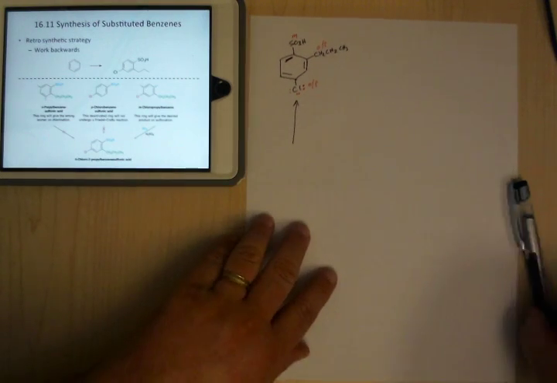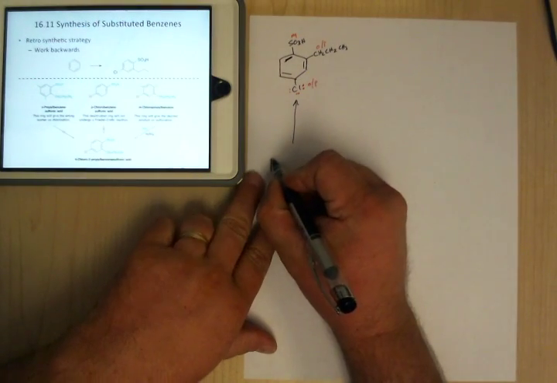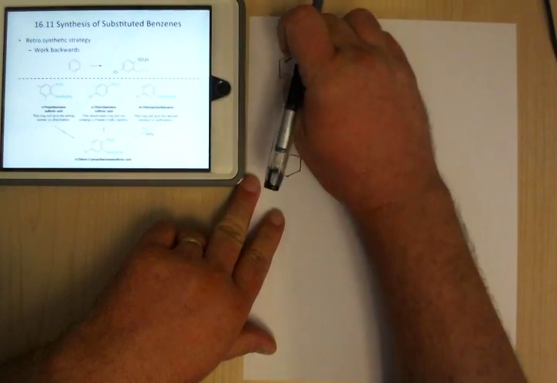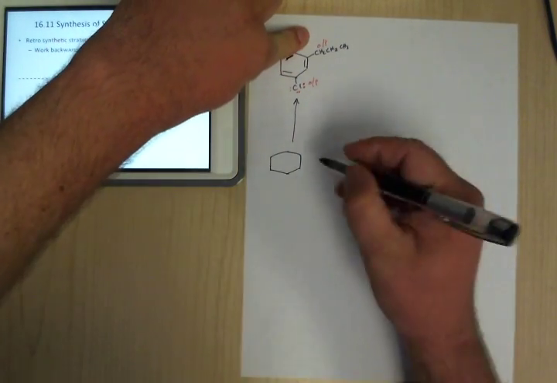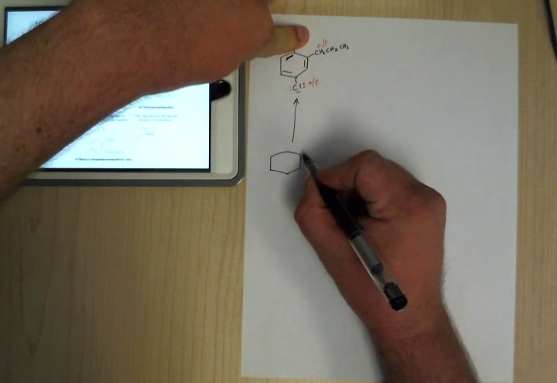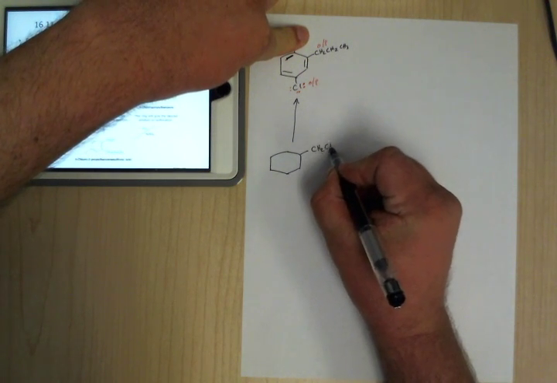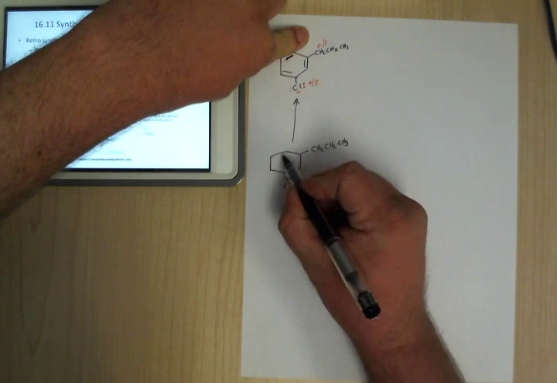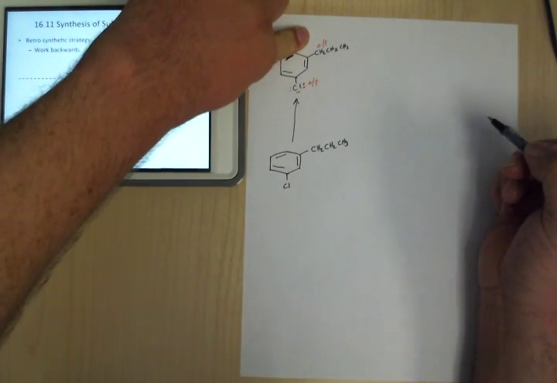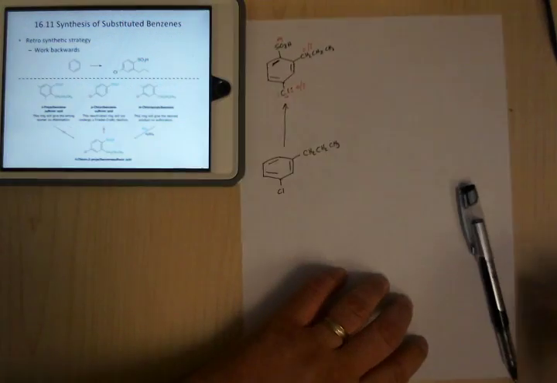Now we're going to do it 3 different ways. Let's say that's gone, and we had CH2, CH2, CH3, Cl.